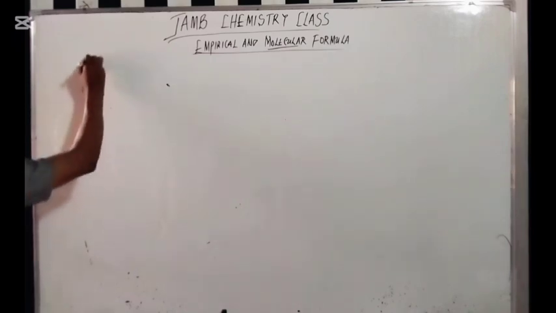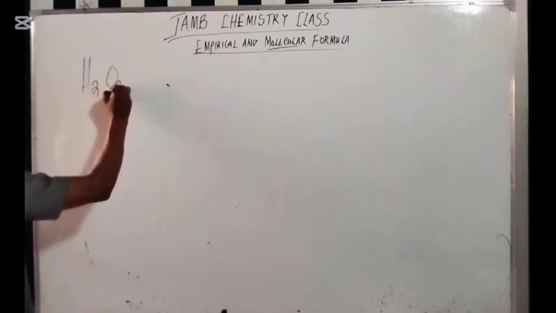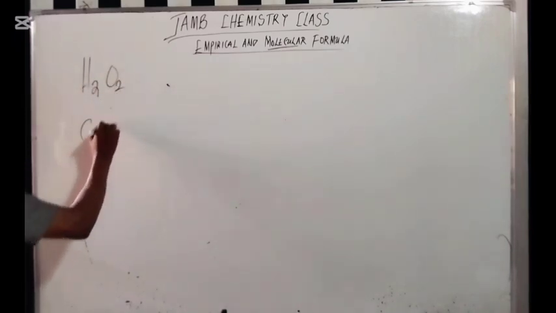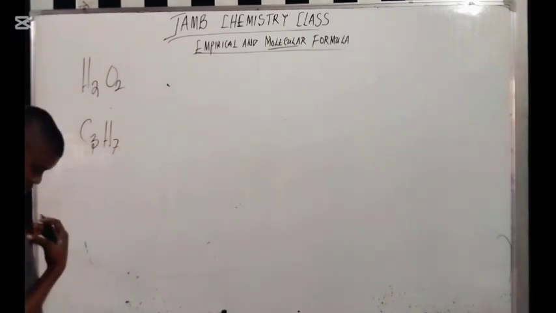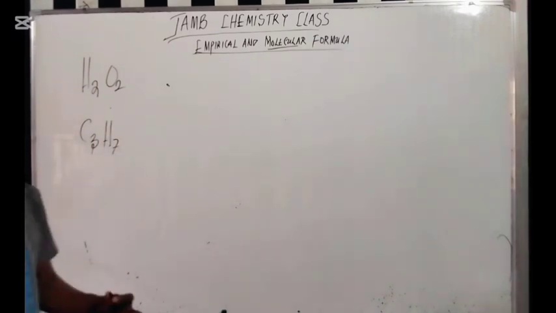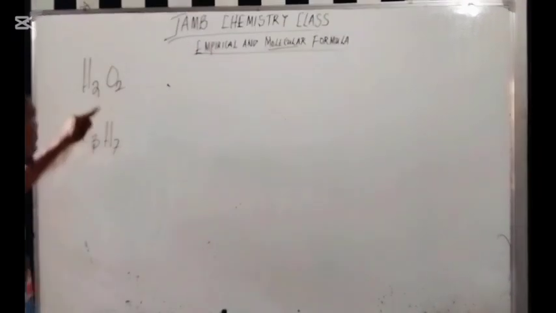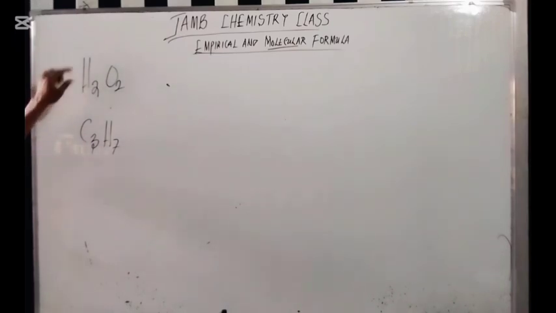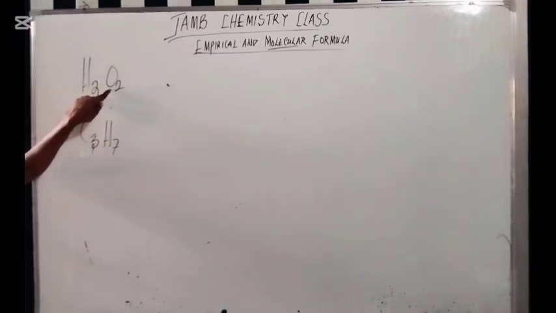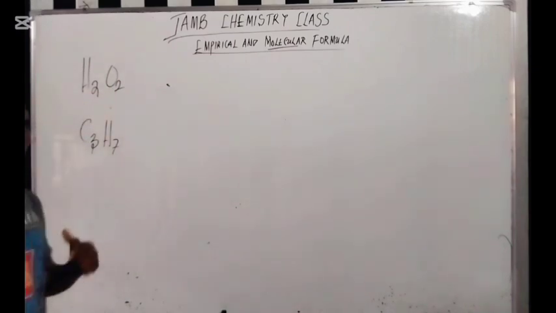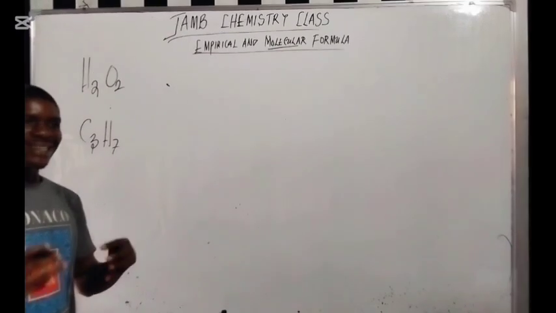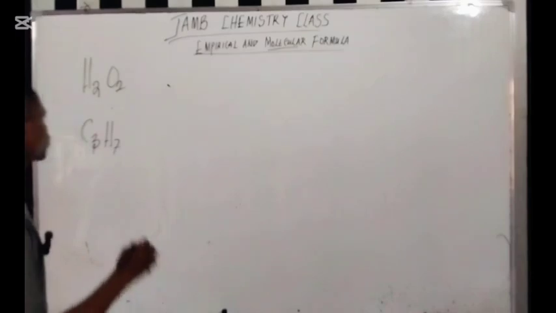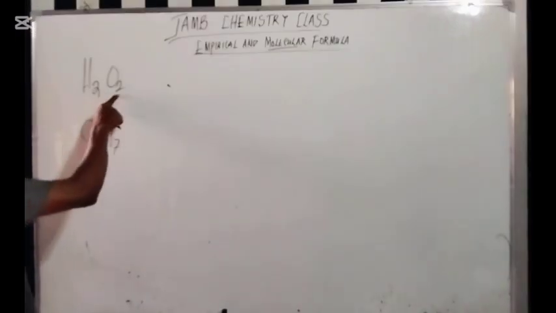If, for example, you have two compounds, here we have H2O2, and here we have C3H7. Let me explain the concept of empirical formula here. In this compound we have two atoms of hydrogen and two atoms of oxygen. Is this the simplest whole number ratio? The answer is no. Why? Because 2 can go into this 2, and 2 can go into this 2.